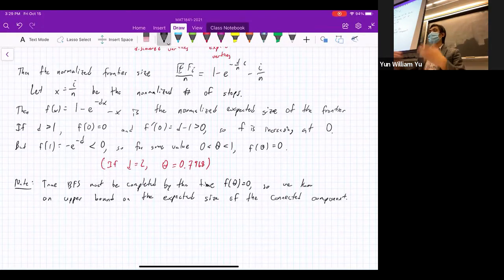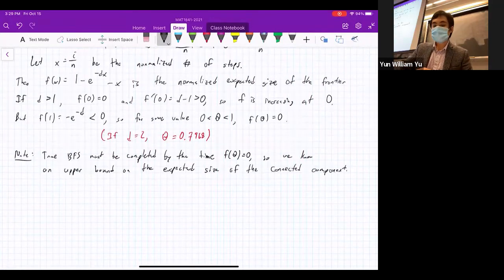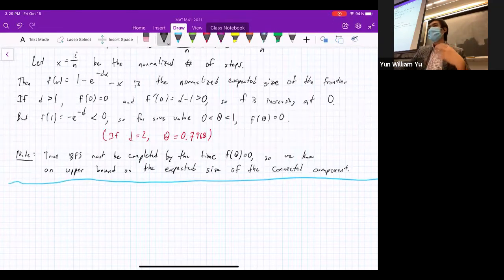And so for particular values of d, you can roughly see when it would stop as a proportion of your entire graph. But that's of course not a very interesting bound. In some ways, this is more like an existence type proof, that there is some stopping point.